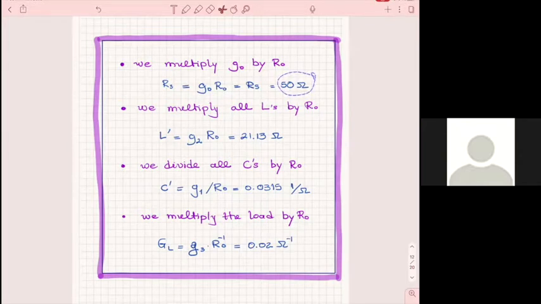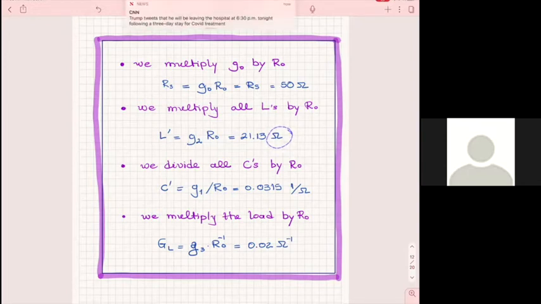That's all we need. But if you go to inductors and you multiply a number with an impedance, then it becomes an impedance. And then we know that we are not done yet, because an inductor is not in ohms. An inductor is in henries. So we have one more transformation, and that's going to be the frequency.